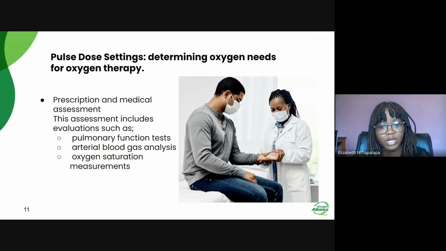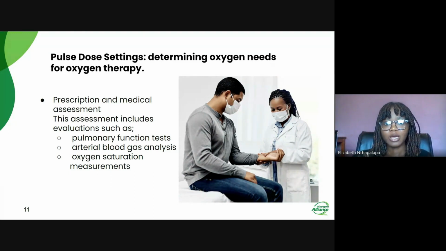We have type 1 respiratory failure, whereby the therapy is aimed at keeping the blood oxygen saturation levels from 94 to 98%. We also have type 2 respiratory failure, in which we are trying to maintain the blood oxygen saturation levels between 88 and 92%. But in both scenarios, whether it's type 1 or type 2, we're just trying to maintain an oxygen saturation level of greater than 90%, which is recommended even by the WHO.